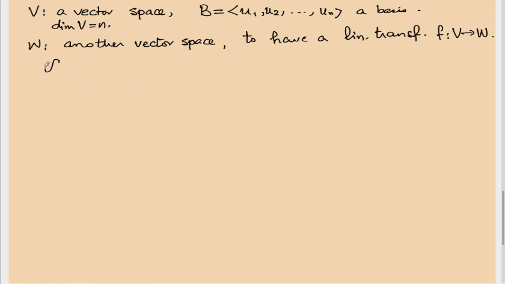So suppose I take u1 to v1, u2 to v2, that means I take any set of n vectors. I am not even saying that the n vectors are distinct. Okay, it could be that they are not distinct even.